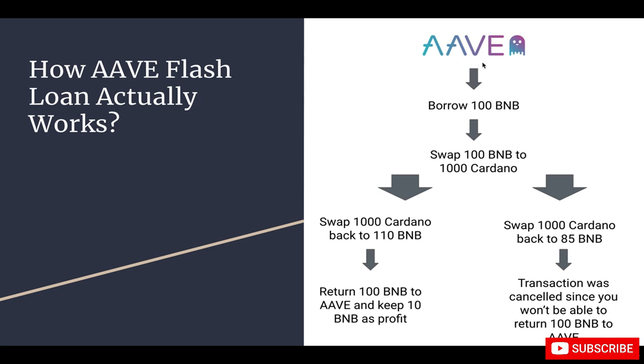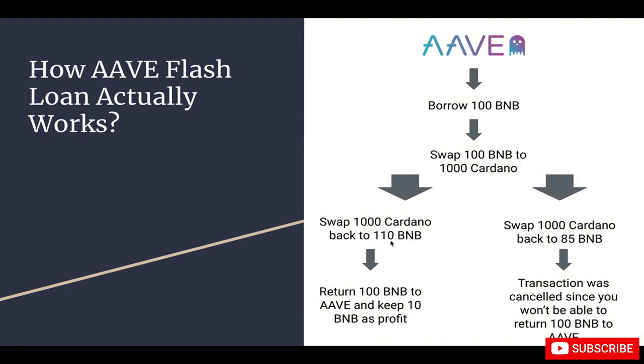Okay, so let's begin here with Aave. Aave is a flash loan provider in the decentralized finance world. Let's say you borrow 100 BNB, and you swap those 100 BNB to 1,000 Cardano. Then you swap 1,000 Cardano back to BNB, and you get 110 BNB.